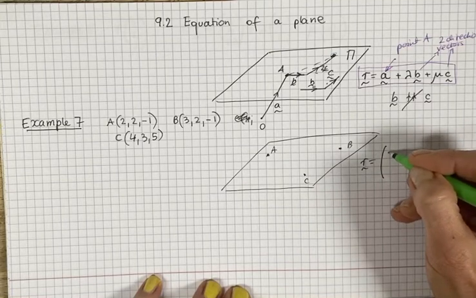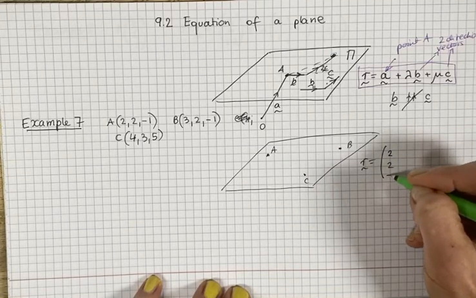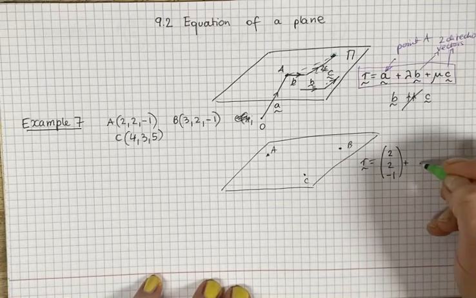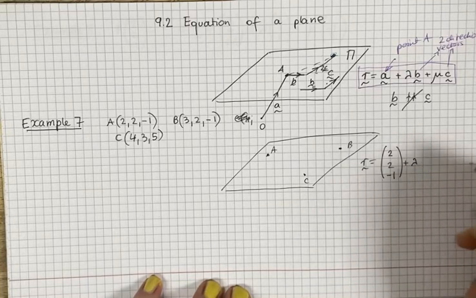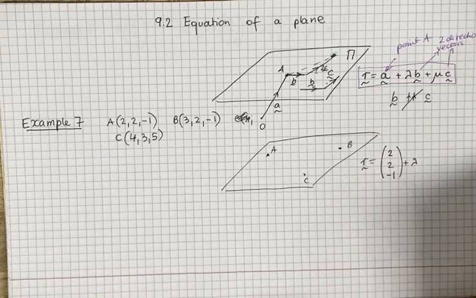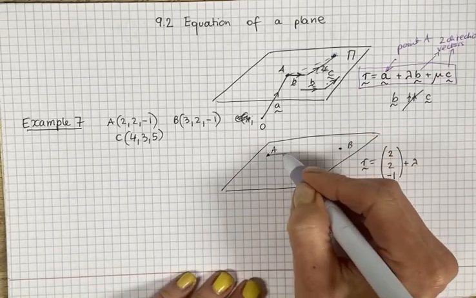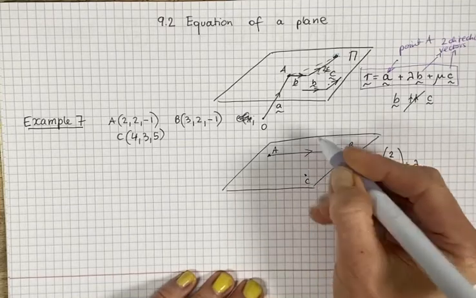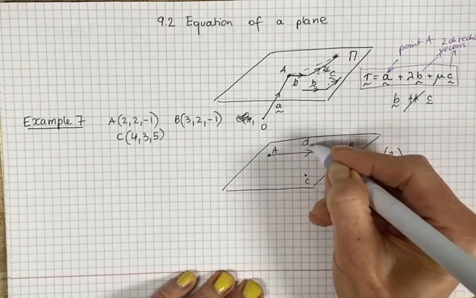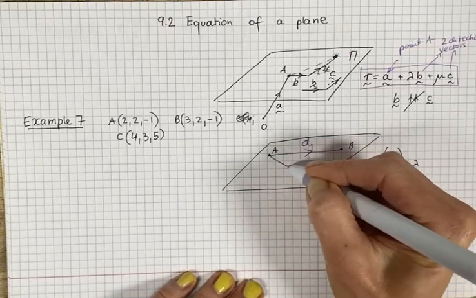So you will start with point A, 2, 2, minus 1, plus multiples of, so lambda lots of one of the direction vectors, and I'm going to pick AB. That's going to be one of my direction vectors. And then I'll pick AC.